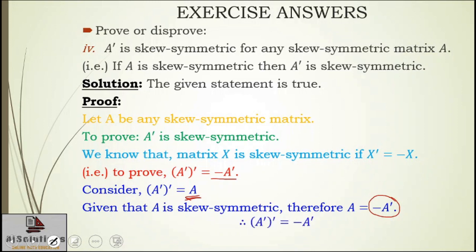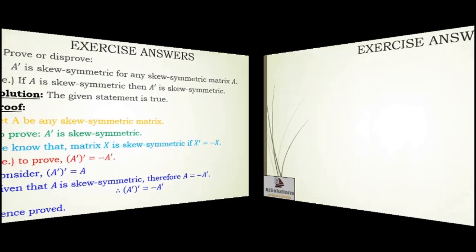If I do that, I'll get this, and you can see this is what is expected. This is the required RHS. So hence proved. We proved that the transpose of a skew symmetric matrix is again skew symmetric. Okay, let's proceed to the next.